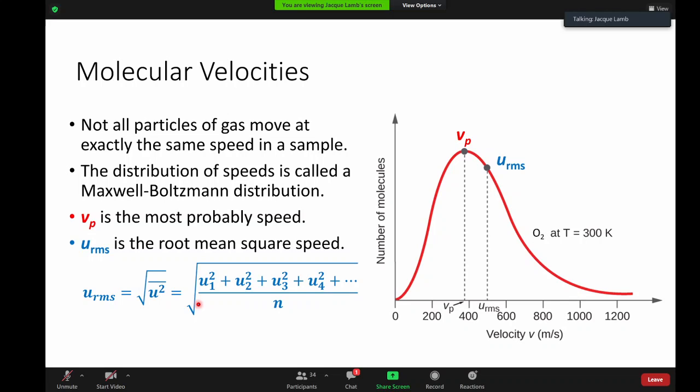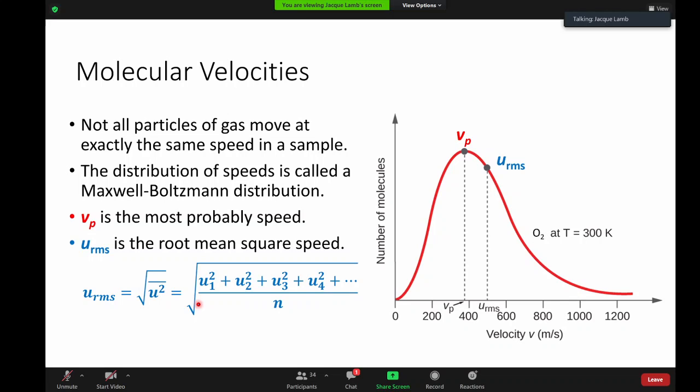So by squaring the velocities first, you are eliminating the negative sign. You are eliminating the direction from the velocity, whether it's in a positive direction or a negative direction. But then you have to take the square root to get to the actual speed. Does that make sense for everybody?